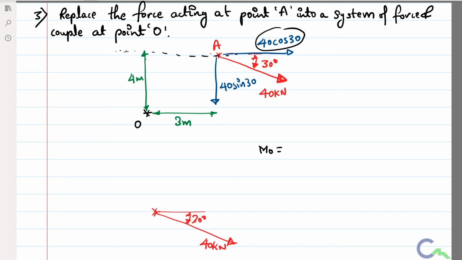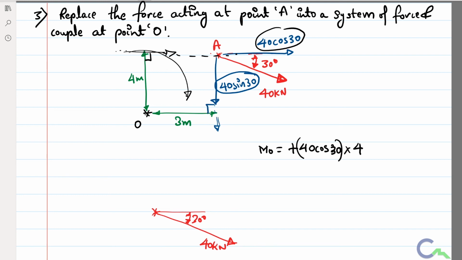If I apply that force about O, it is going to rotate in the clockwise direction. Therefore plus 40 cos 30 into the perpendicular distance, that is 4 meter. Then we have one more force, 40 sin 30. I can shift it till here, same force, so the perpendicular distance will be 3 meter.